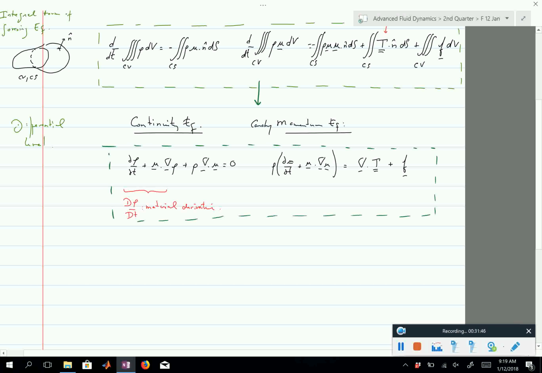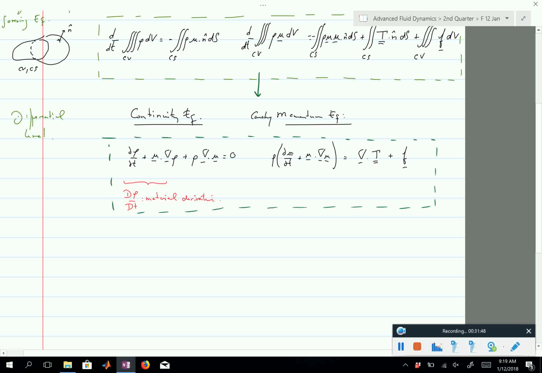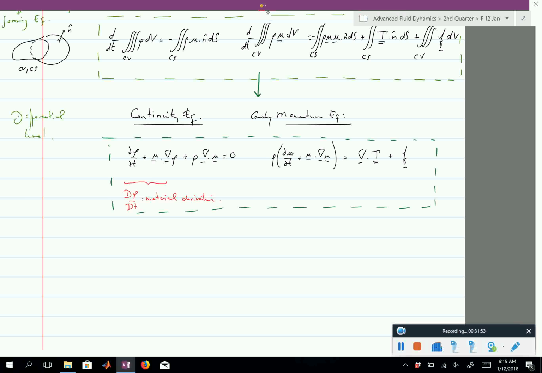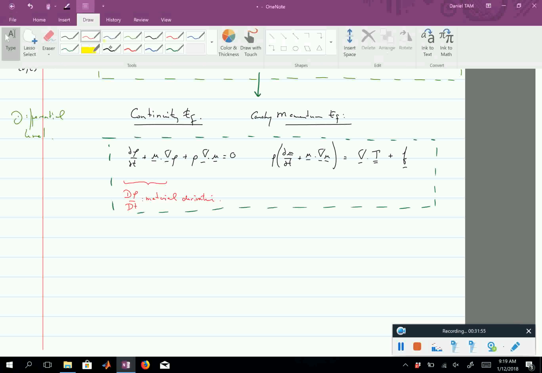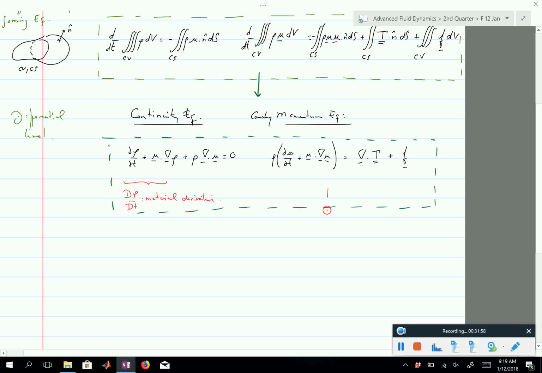And then we went more into what it means to be a fluid, and for that we discussed constitutive laws. And in particular we discussed constitutive relations, and for that we discussed what it means for a fluid to be Newtonian.